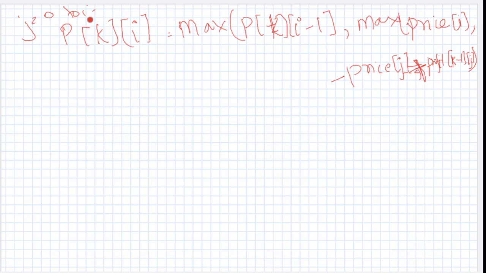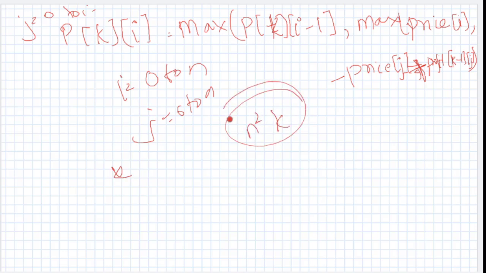If you talk about this kind of condition, i is going from 0 to n, j is also going from 0 to n, then we have the k loop, so n square k, which is not at all optimal. We are checking each and every condition, so this is not optimal. We need to improve it somewhere.